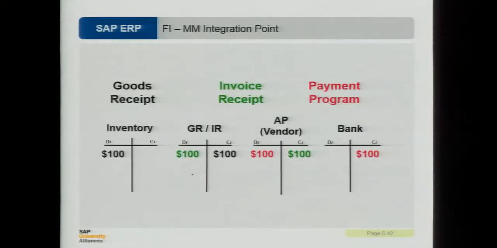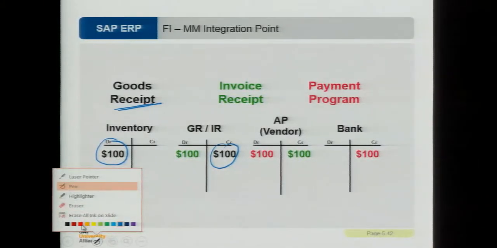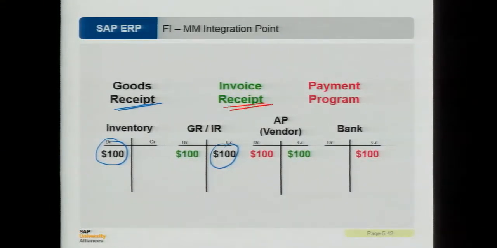So the combined effect of this is that when we receive GR, right, inventory debit, GRIR account credit. Then when we receive invoice, I should have actually taken the same color, but it doesn't matter. On the invoice, we debit this account and we credit this account, the green ones, and the red ones in my color.